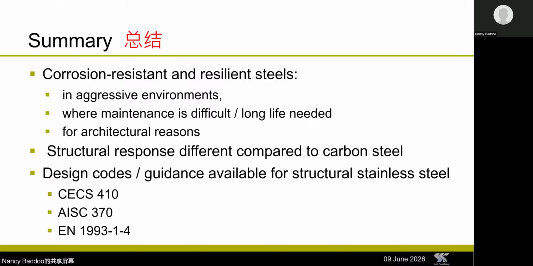If you're working on projects using American standards, then it's AISC 370 you need, the specification for structural stainless steel. And if you're working on a project using Eurocodes, then it's EN 1993-1-4.